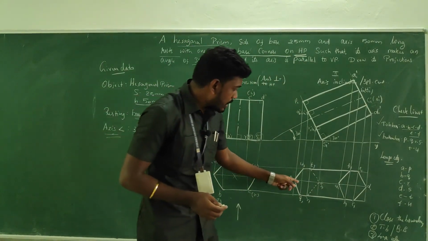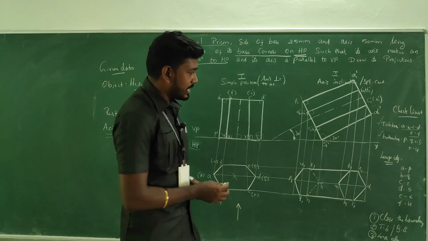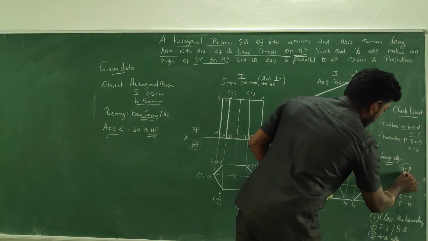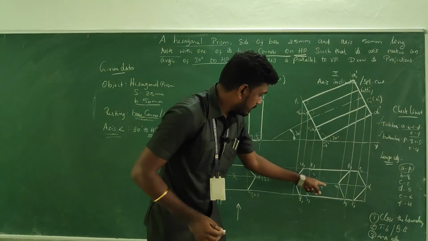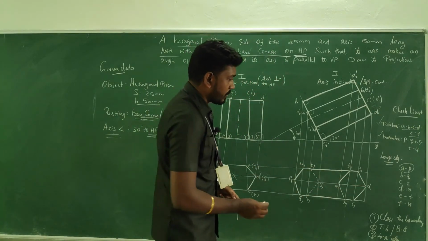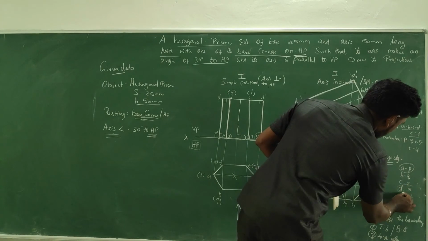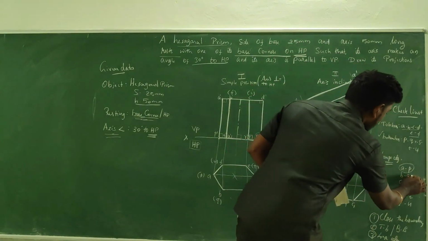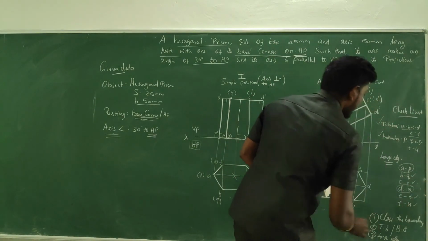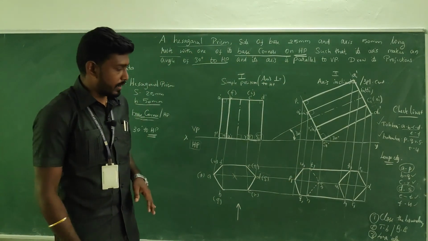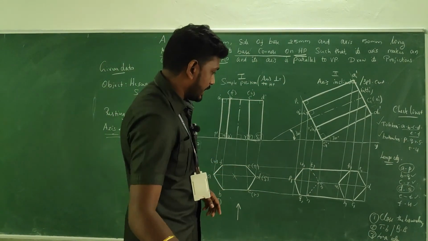The remaining ones are P to A, the longer edge, and then S to D. These are the edges remaining. All the other edges we have covered in the boundary. So P to A.